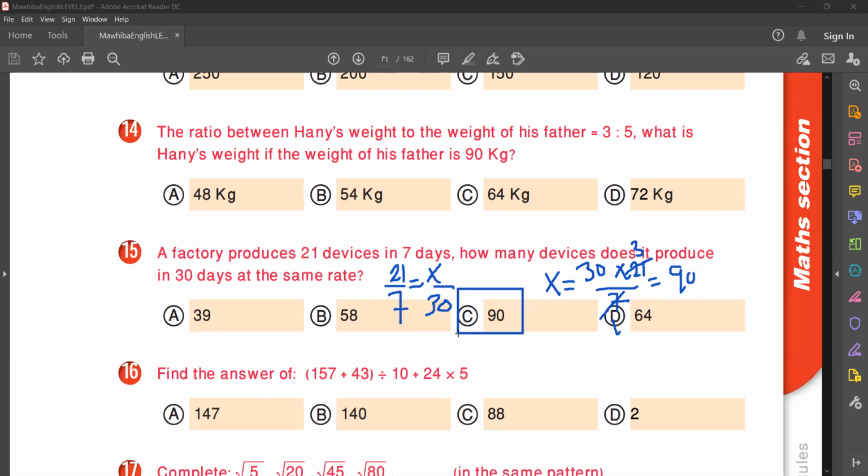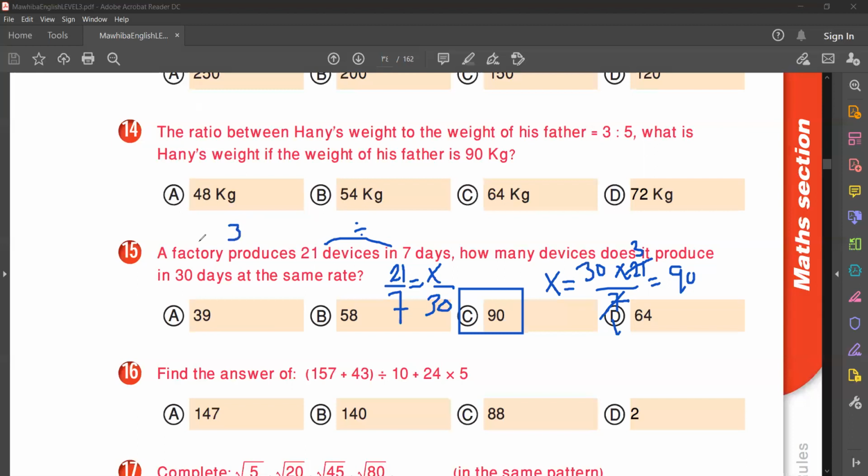The answer is C. We can also use another way. You can find how many devices it produces each day. Divide 21 by 7, it is 3.